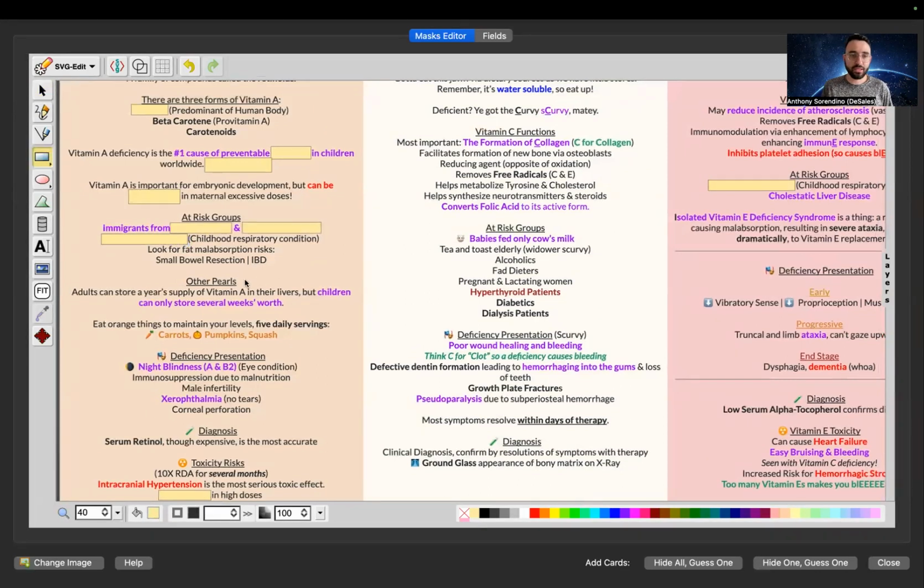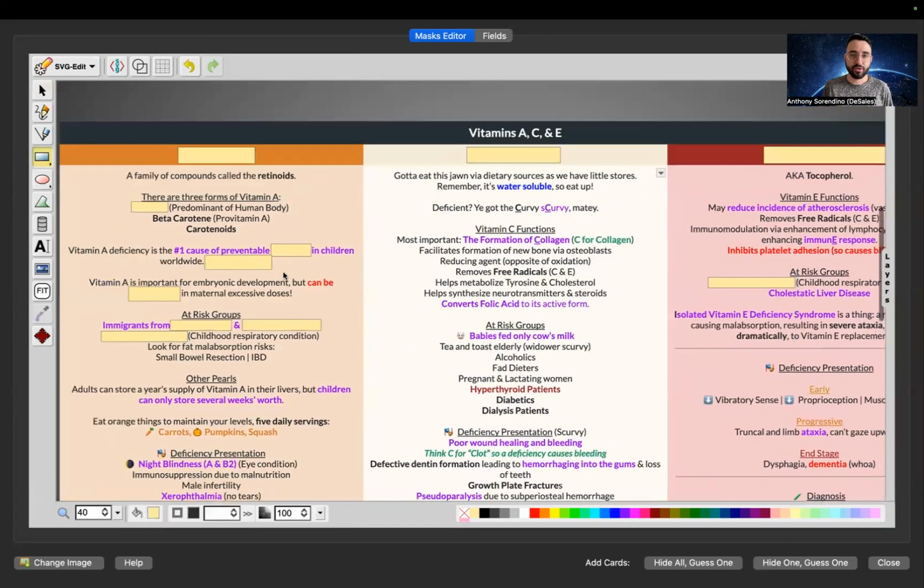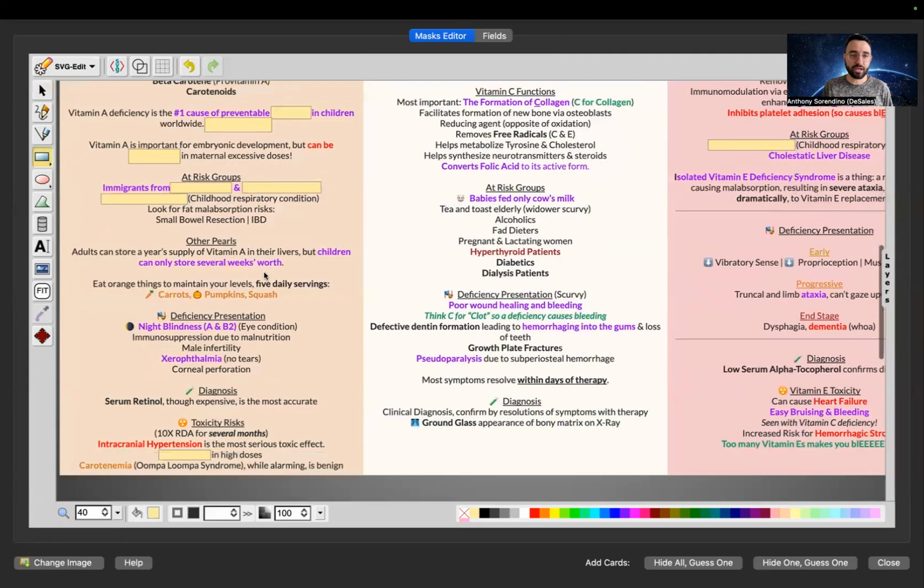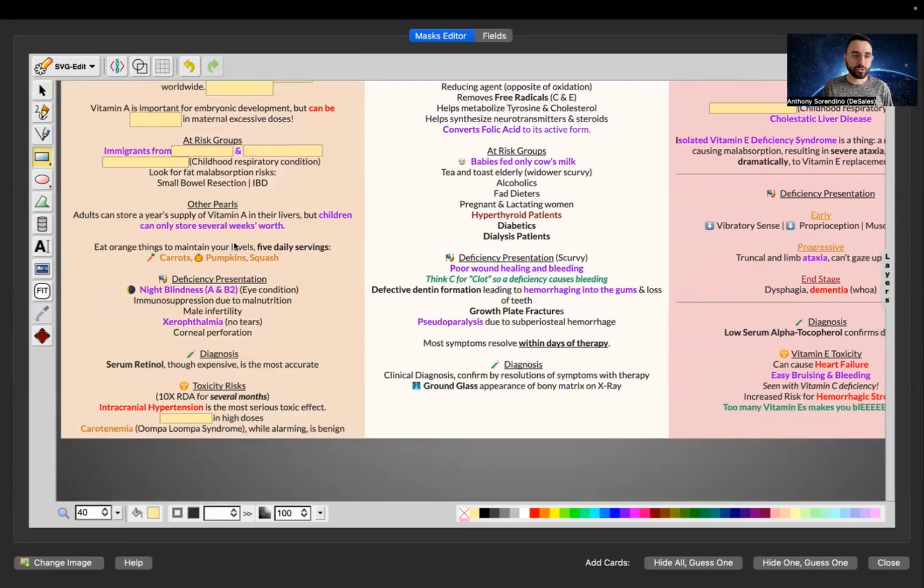Yeah, I mean, IBD, malabsorption, that's for ADEK, so that's going to be kind of obvious, right? Children can only store several weeks' worth. I think that's important. Eat orange things to maintain your levels. 5 daily servings. That's probably important. Night blindness. These are for deficiencies. I think this one is important. Male infertility, that kind of stands out.